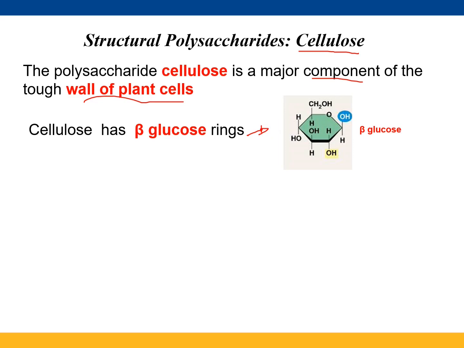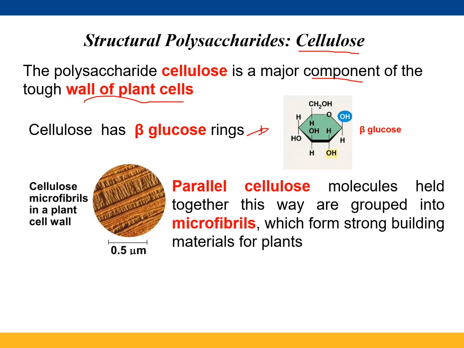And another important thing is that if you see these fibers that are in parallel, all this parallel structure allows them to form a strong building material for plants. And this is why they are located in the cell wall.